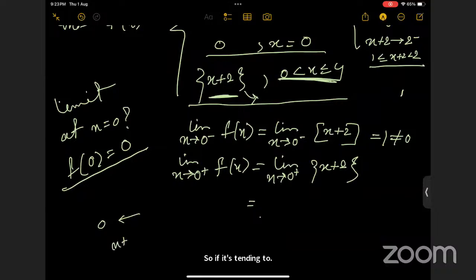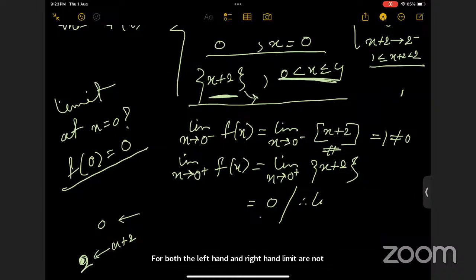That means x plus 2 is tending to 2 from the positive side, so this fractional part will be tending to 0, right? Correct. So the left hand limit and right hand limit are not equal. So limit doesn't exist, right?